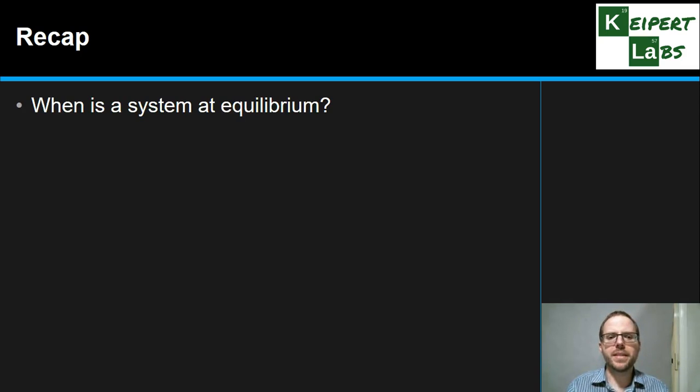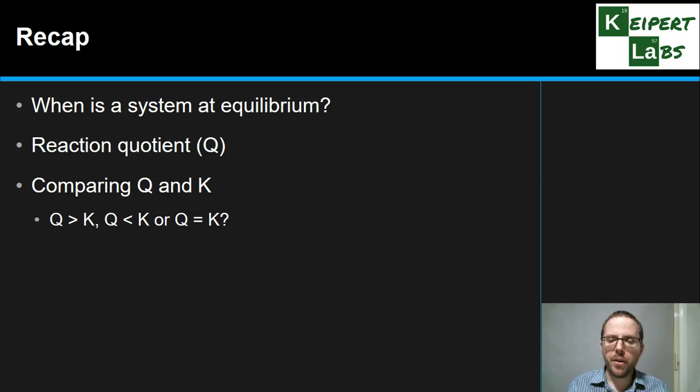So we looked at when a system is at equilibrium, and we wanted to know quantitatively whether the amounts we have are at equilibrium or which way things are going to shift. We then looked at how the reaction quotient, Q, can help us determine this. If we calculate it the same way we calculate K, our equilibrium constant, and then compare them, it helps us work that out. By comparing Q and K and working out which one is bigger or smaller, or if they're exactly the same, we know which way the shift is going to occur.